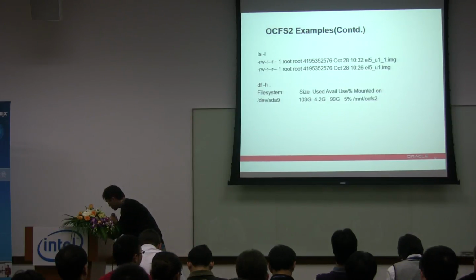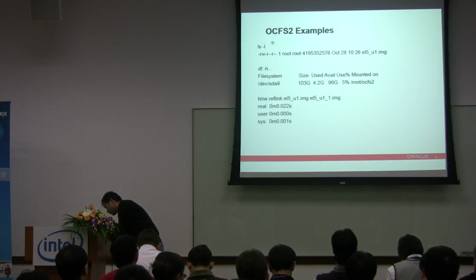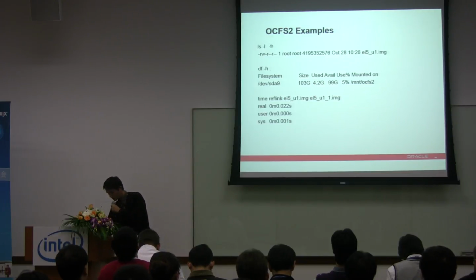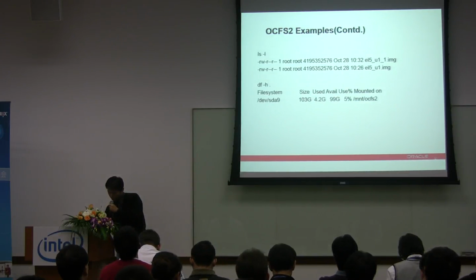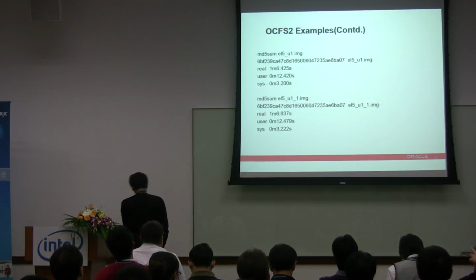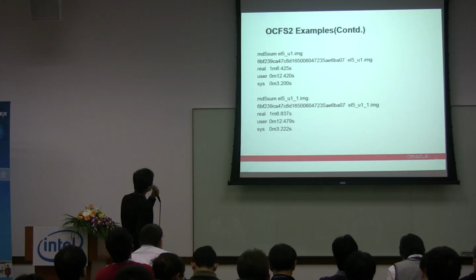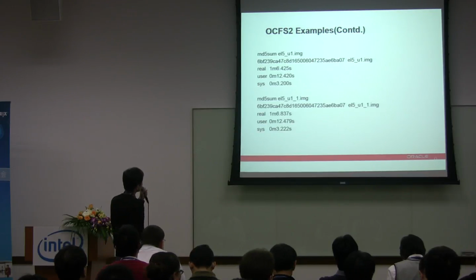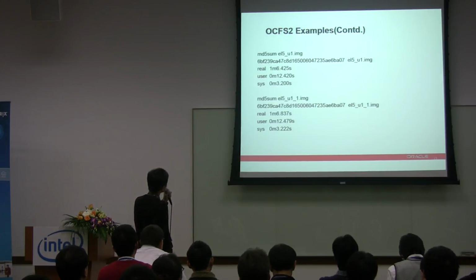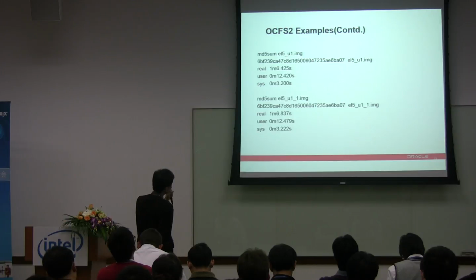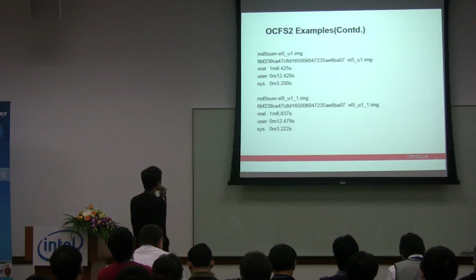Compared to the previous slide, the used space is almost the same. And you do a md5sum and time on each file. You see the read time is almost the same, and the system time is the same. So there's no penalty for the reader, as I said previously.